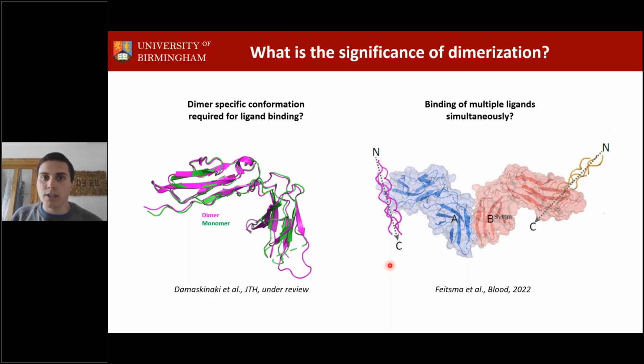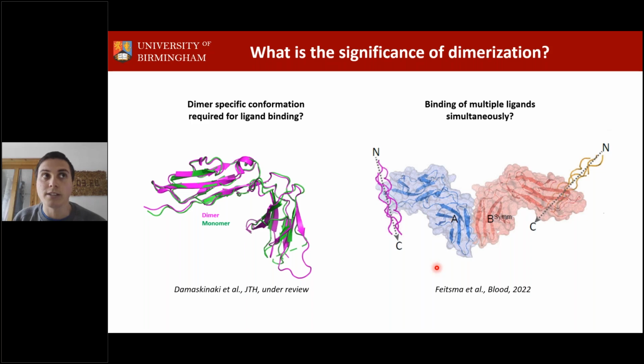And you can see the angles here don't match up with binding to a parallel bundle. So not only is the ligand binding site not affected by being a dimer, the dimer can't even bind to ligands simultaneously. So this led us to completely reimagine what we know about GP6 dimerization, because we know it exists.